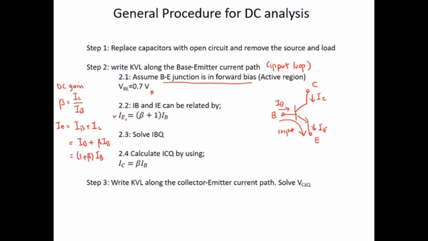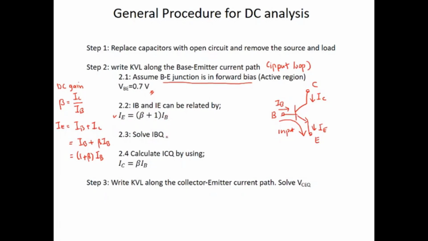This is the derivation of this equation. For simplification, you can just memorize this equation: IE is equal to (beta plus 1) IB.